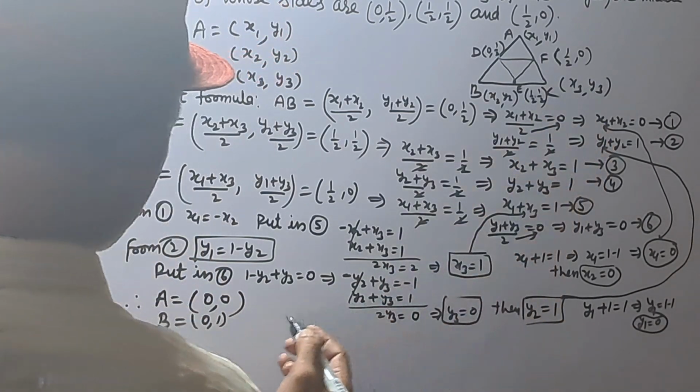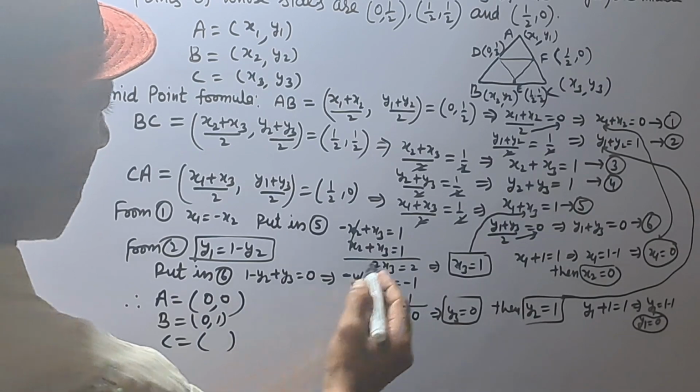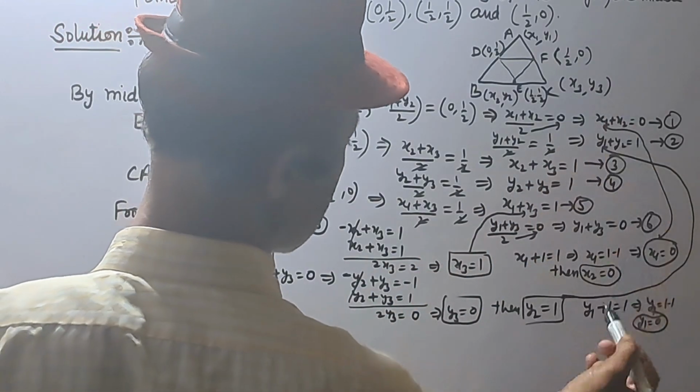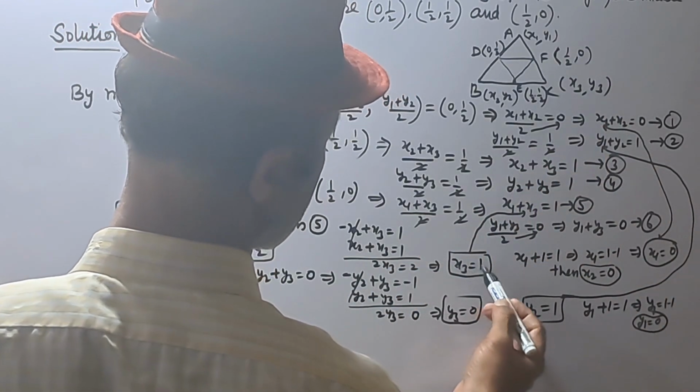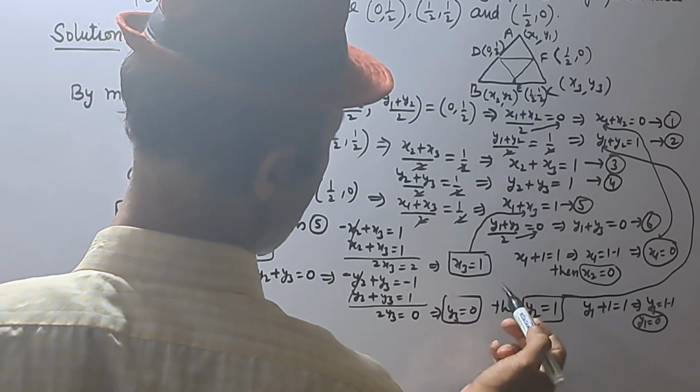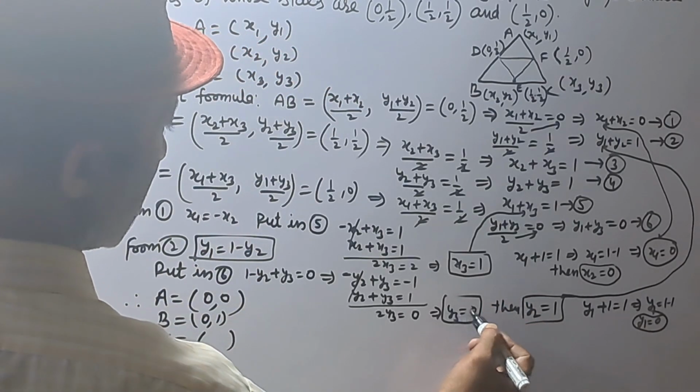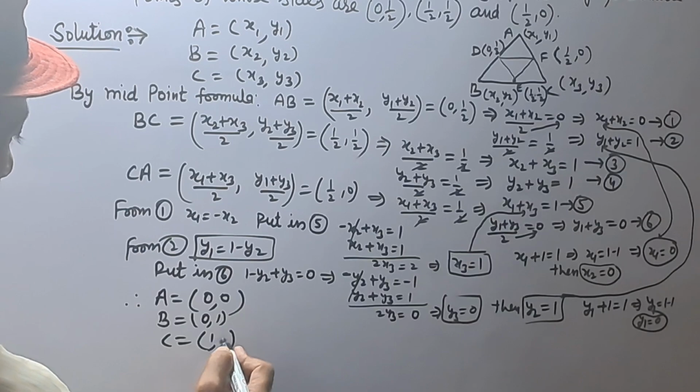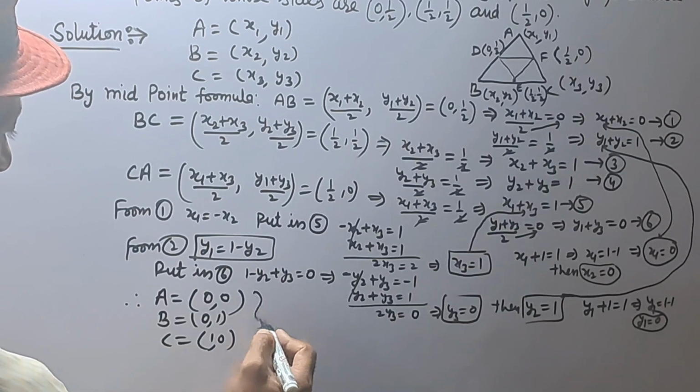And coordinate points of C, that is x3 y3, x3 is 1 and y3 is 0, 1 comma 0.